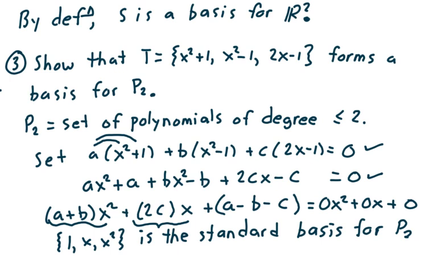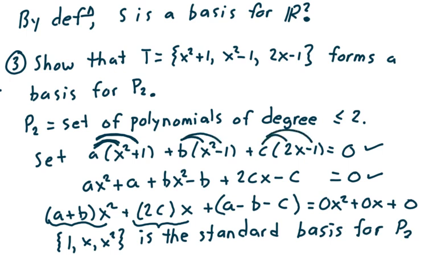Set a times (x squared plus 1) plus b times (x squared minus 1) plus c times (2x minus 1) equal to 0. And you can see here I'm distributing the a inside to each term within the parentheses. And I need to do the same thing for the b and the same thing for the c.